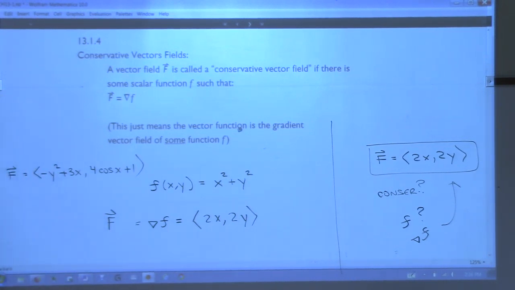I'd have to go check, okay? And what I would need to do is find a little f. I'd have to find this, okay? Such that when you take the gradient of that, you get this, all right? So right now, it's not super easy for us to just look at a vector field and determine if it's conservative, all right?